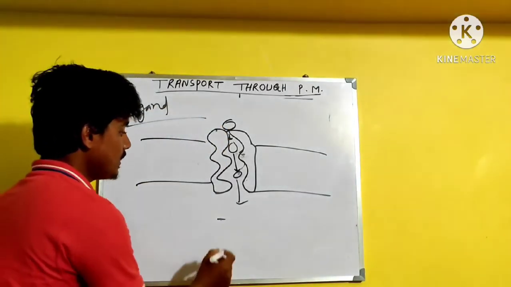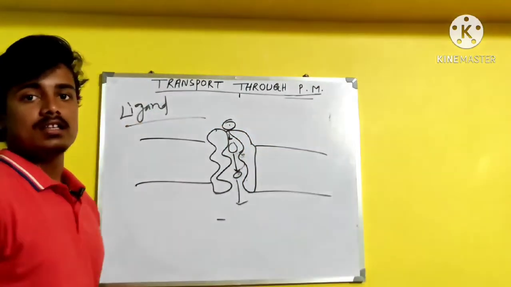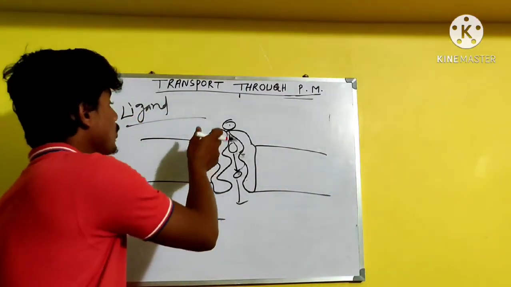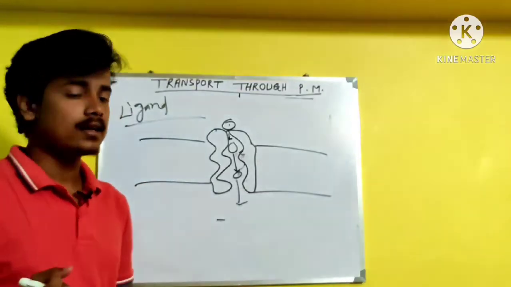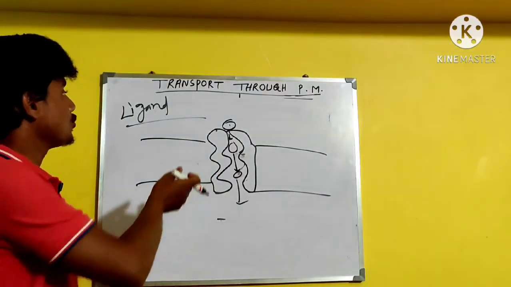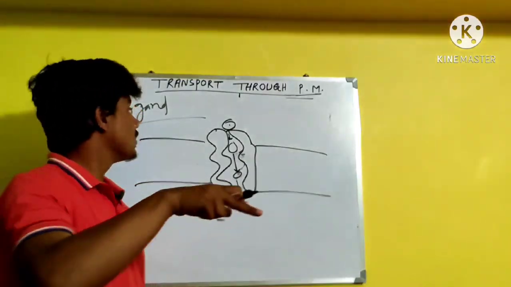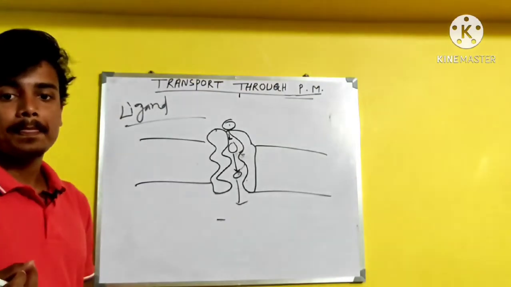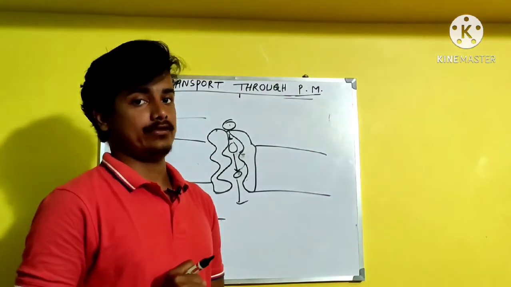This is the ligand, and this is the channel protein, which is ligand-gated. Previously we talked about the channel protein which acts like a voltage-gated ion channel.